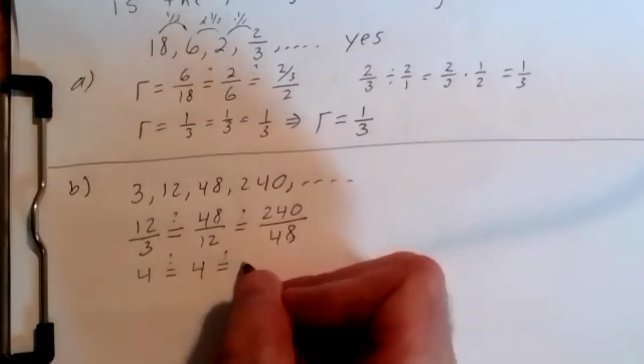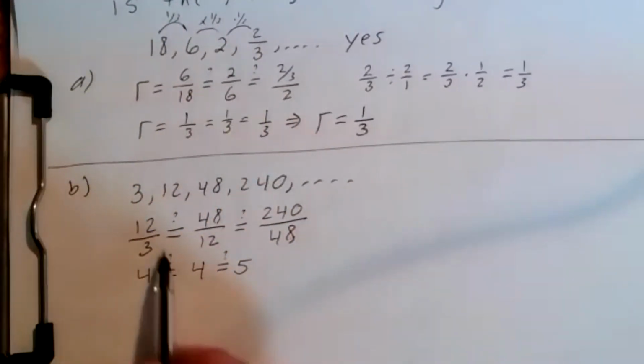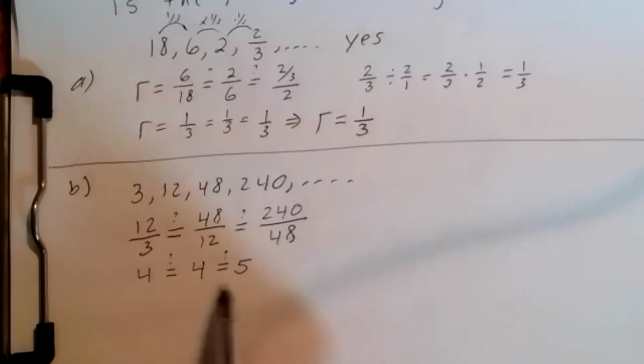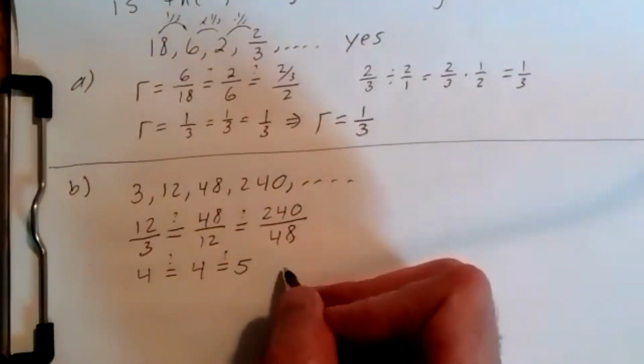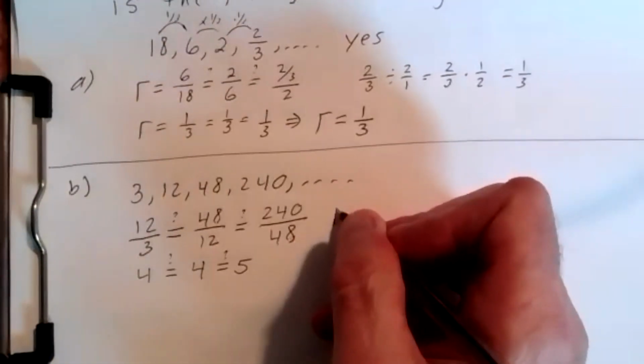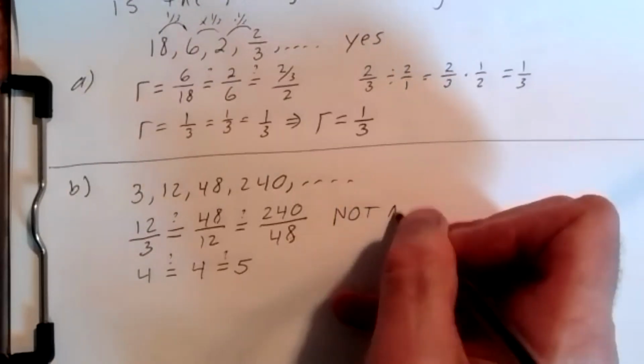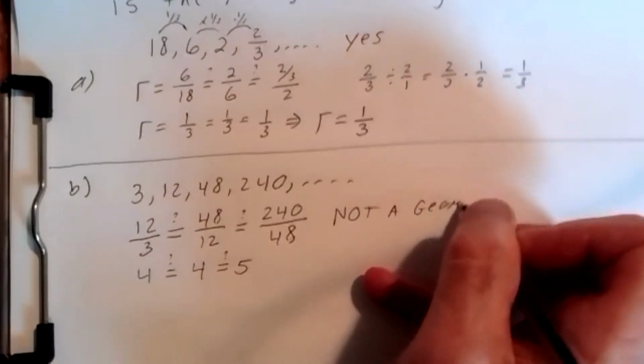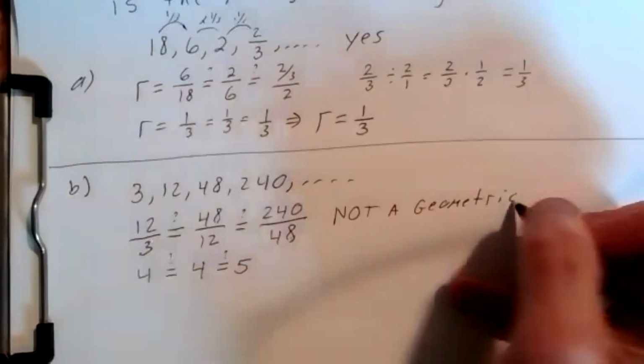It's 5. Uh-oh. Since not all these ratios are equivalent to the same number, ladies and gentlemen, there is no common ratio. So this is not a geometric sequence. It does not possess a common ratio.